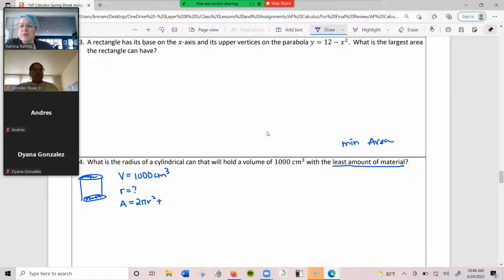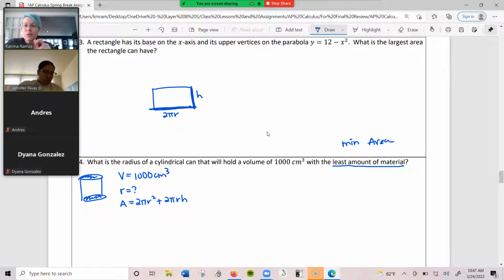If you unwrap that, what you get is a rectangle. The base of the rectangle is the part that wraps around the cylinder, which is the circumference around the circle. So that's 2 pi r. And then the height of the rectangle is just the height of the entire cylinder. So I'm going to add this area, which is 2 pi r times h. Does that equation make sense?